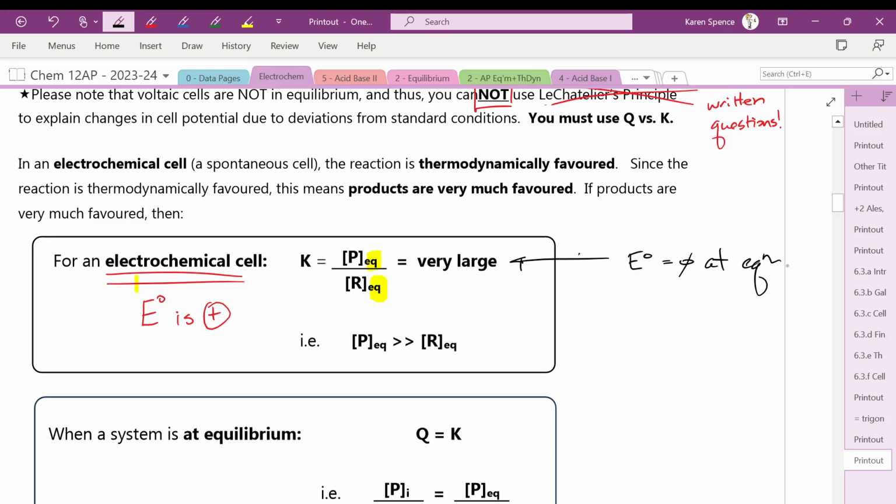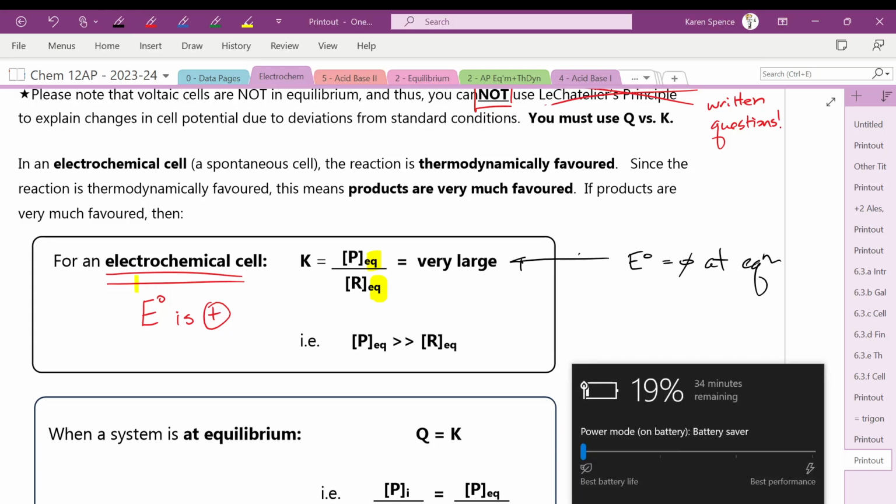Am I not plugged in here? What's happening? Did it get dimmer for you? No, it did not. Okay. Are we charging? Battery saver. Why are we not charging?